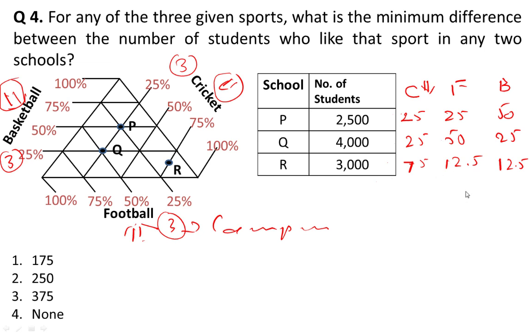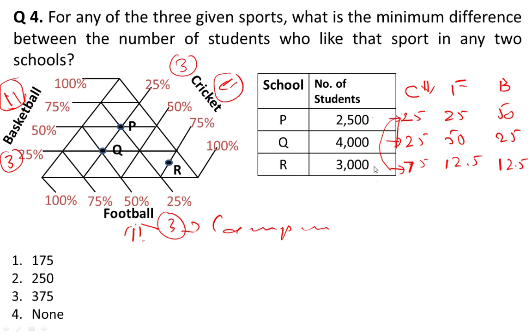That is the minimum difference. So let's check cricket and schools P and Q. Both have 25%. It's 25% of P and 25% of Q, and 75% of R. So by observation, can I say school P to school R cannot be the minimum difference, because here 2500 is a smaller base than 3000.